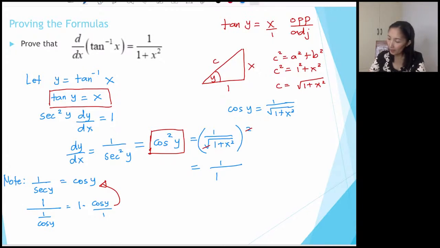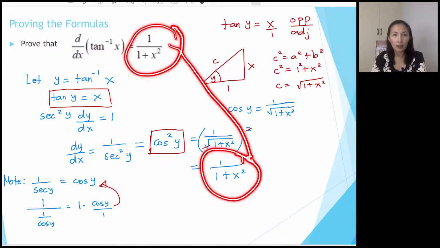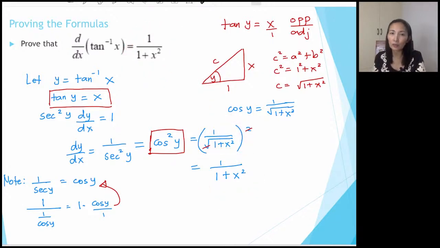So we were able to show again that the derivative of arctangent of x is equal to 1 over 1 plus x squared. This is what I'm telling you: you don't have to memorize.